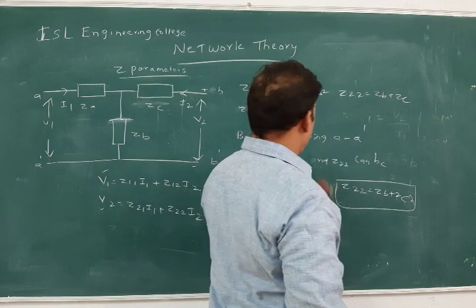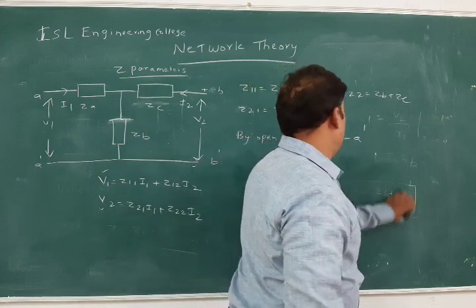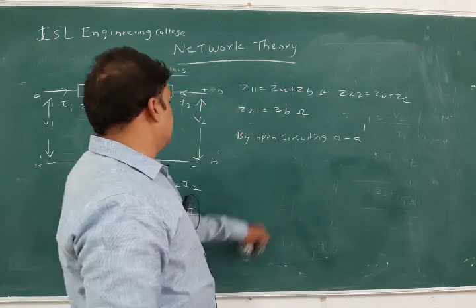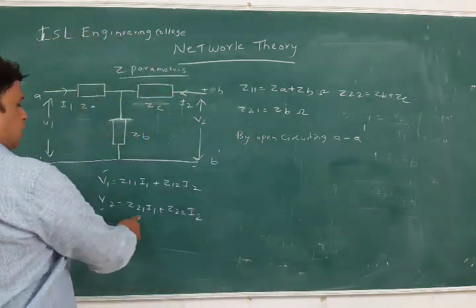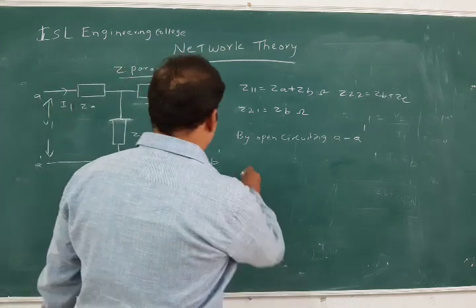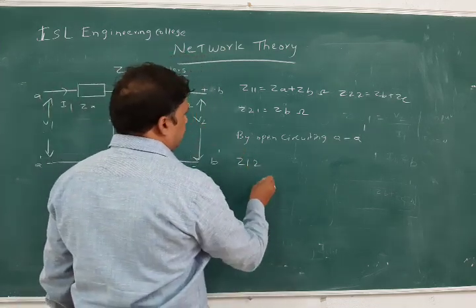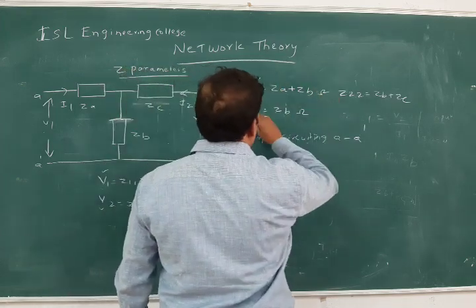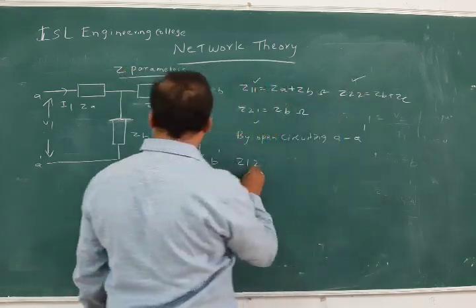Then we will go for the last parameter, Z12. So we got Z11, Z21, Z22, now we have to find out Z12.